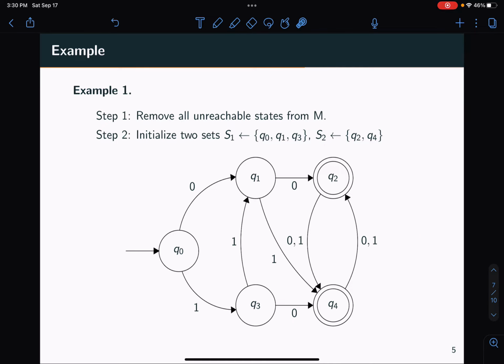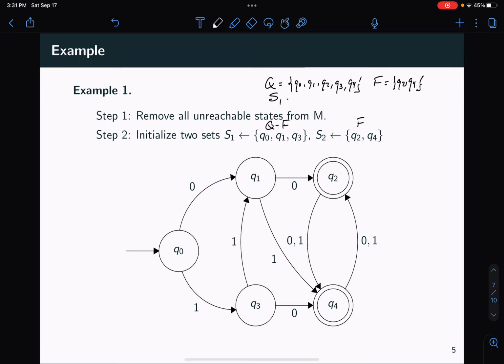And then I start my actual partitioning. So remember, what's the very first partition? The very first partition is Q minus F and F. So in this case, Q is Q0, Q1, Q2, Q3, Q4, and F is Q2, Q4.